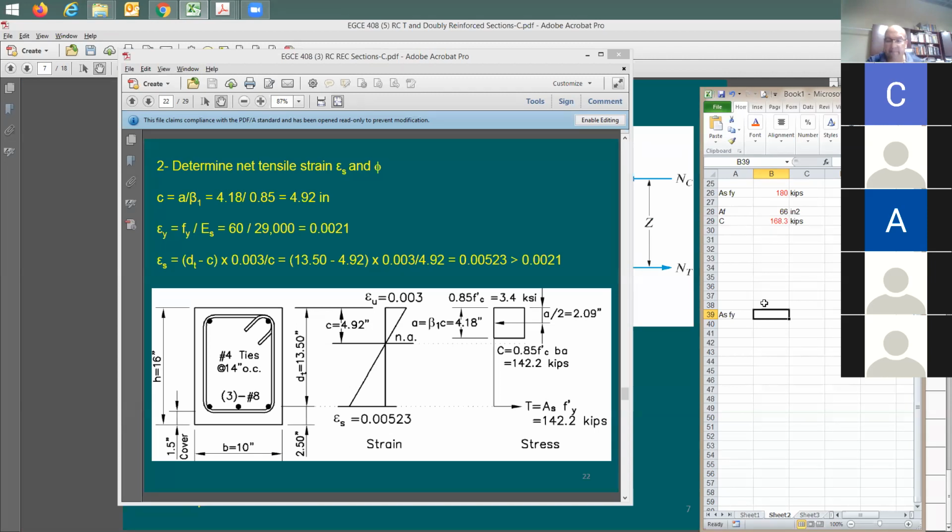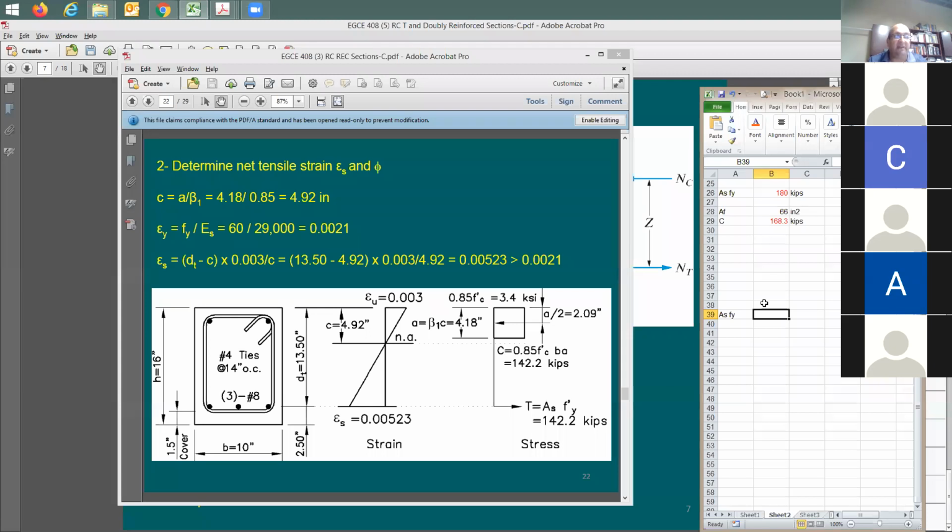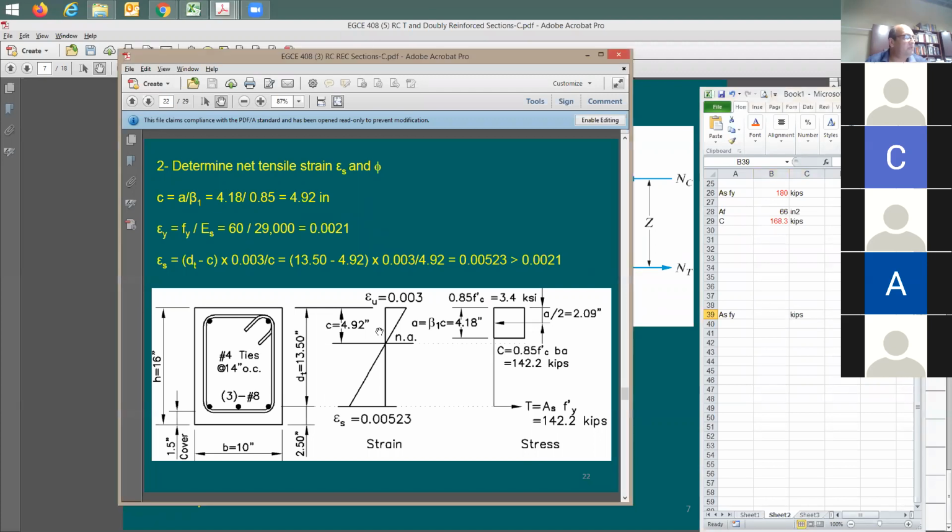Hey, Alan Bond, I need your help here to find out the tension in the steel in this example. Yes, I need your help to find out the tension here. How much is the tension in this example, which is right in front of you?